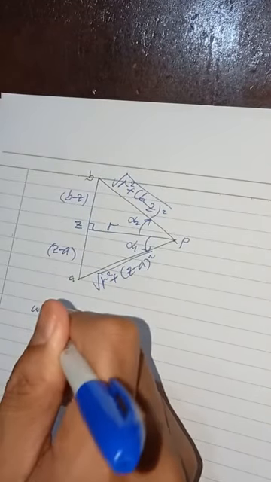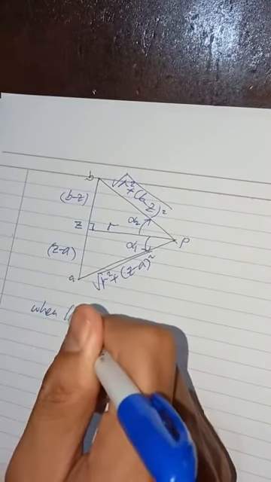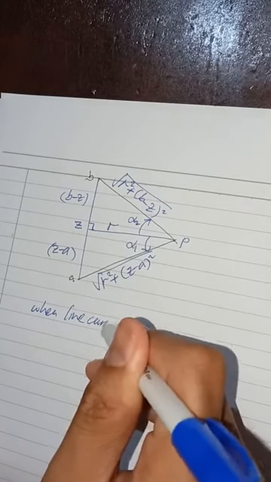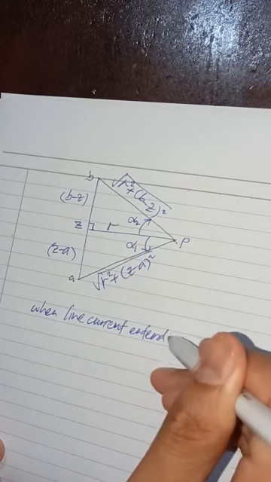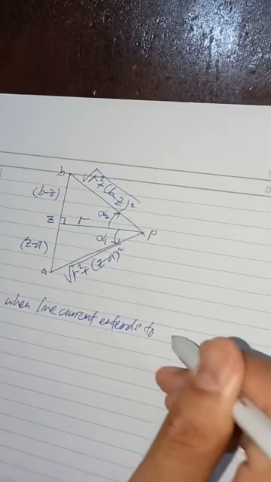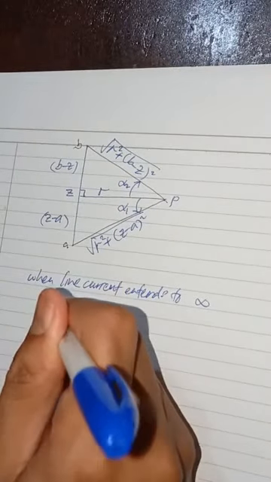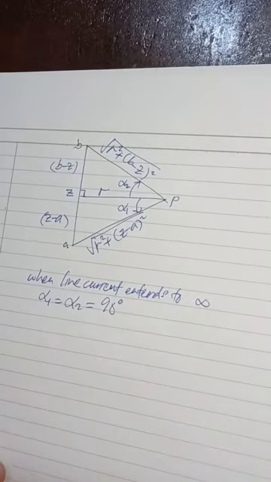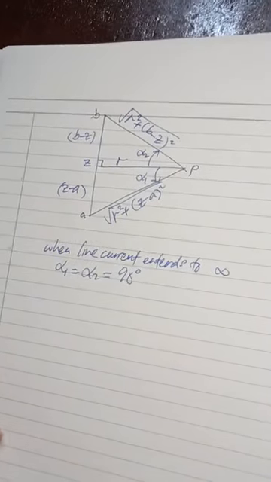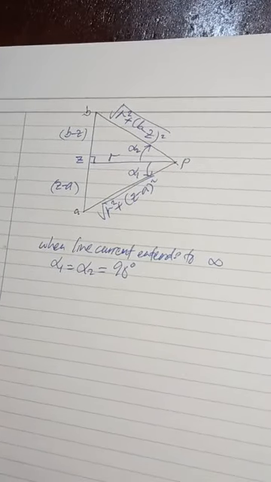So you can see from this equation that when the line current extends to infinite length, alpha 1 and alpha 2 will reach approximately 90 degrees. So we can simply put the values into the equation just now.